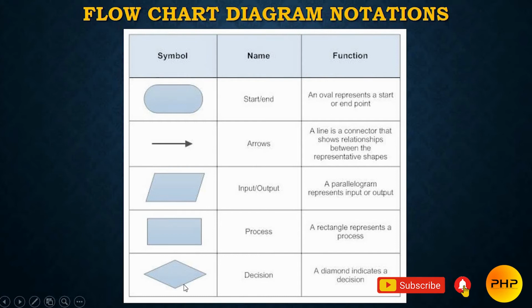Then this diamond symbol helps us to make our decision. So the if statement that we were talking about previously, we present in this diamond shape. All right, so this is it for the flowchart.